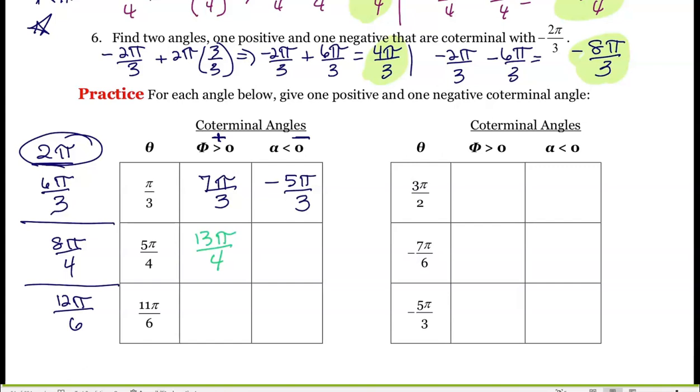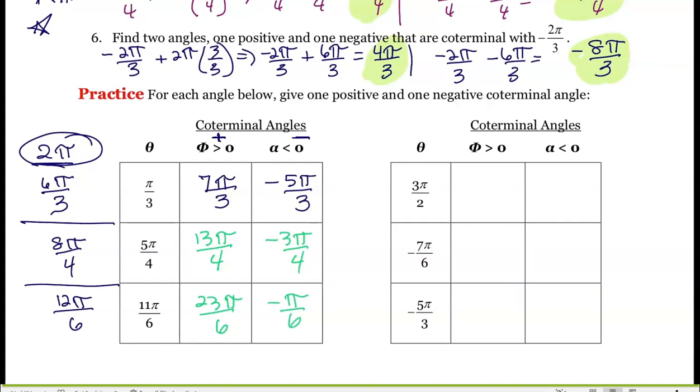If I subtract, I get negative 3 pi over 4. Okay, 11 pi over 6. If I add 12 pi over 6, I'm going to get 23 pi over 6. If I subtract 12 pi over 6, I'm going to get negative pi over 6.